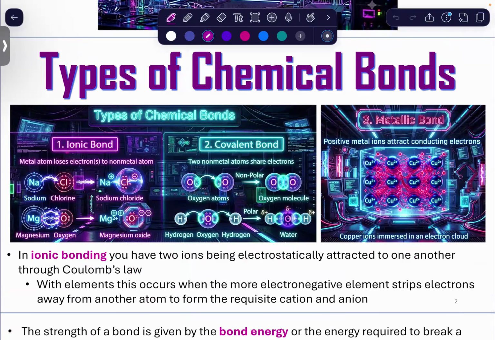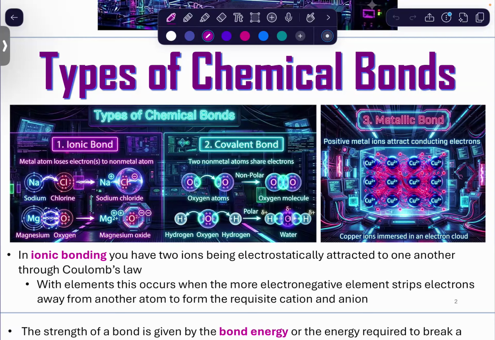Let's start by talking about types of chemical bonds. We've been talking about ionic bonding, and we've talked a little bit about covalent bonding. One we haven't talked about is metallic bonding. In ionic compounds, you have an electrostatic or Coulombic attraction between positive ions and negative ions.